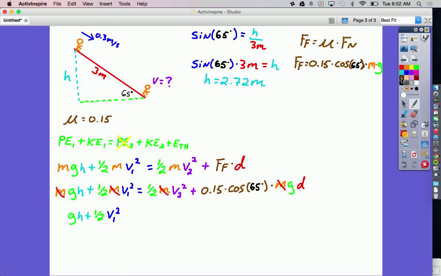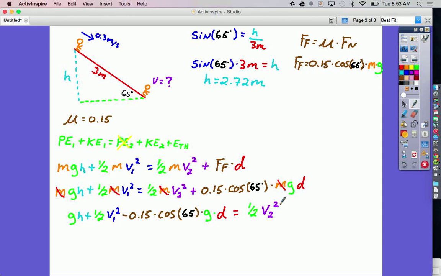So I'm going to say minus 0.15 times the cosine of 65 degrees, and then that's going to be multiplied by the acceleration due to gravity times the distance of the slide. And that's all going to equal 1/2 times v squared.